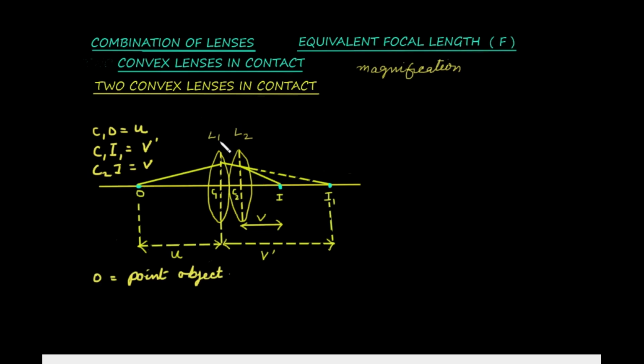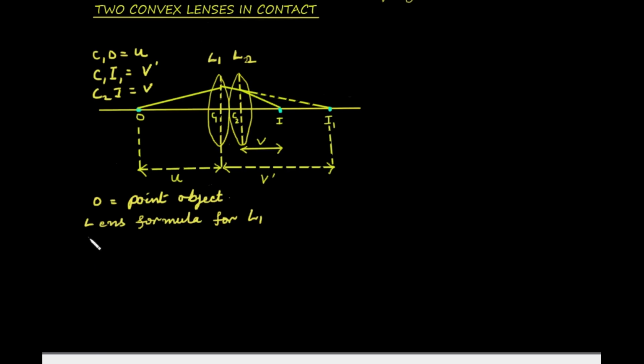Now let us consider lens 1 and consider the lens formula. What does the lens formula tell you? Let us consider focal length for lens 1 equal to f1. 1 by f1 is equal to 1 by v minus 1 by u. Here in the case of lens 1, v is equal to v dash. So 1 by v dash minus 1 by u.